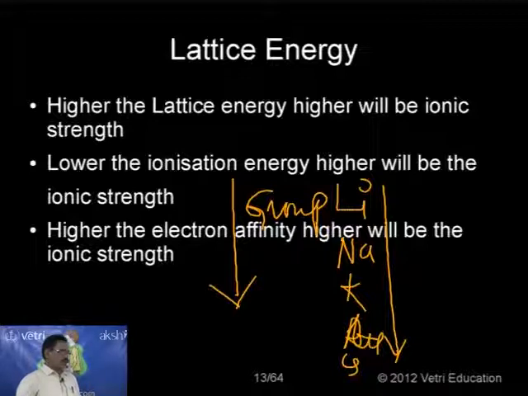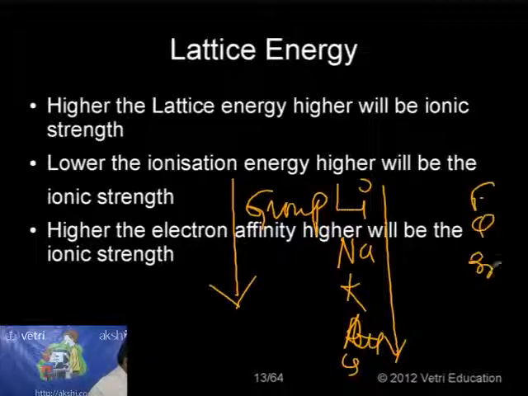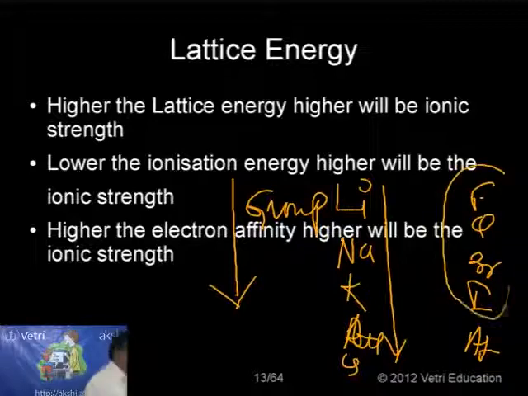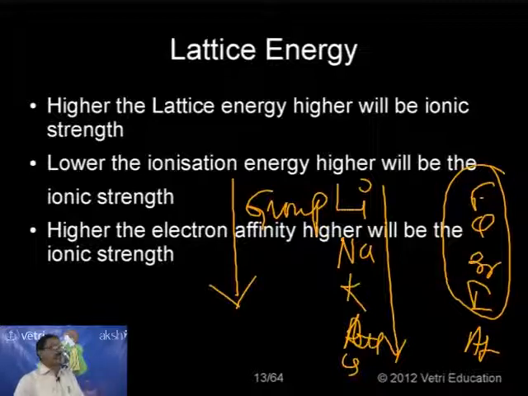Now let me take the halogen family: fluorine, chlorine, bromine, iodine, astatine. Generally fluorine, chlorine, bromine and iodine form compounds with alkali metals, and these are generally ionic compounds. Generally a strong ionic compound will always form between alkali metals and the halogen family.